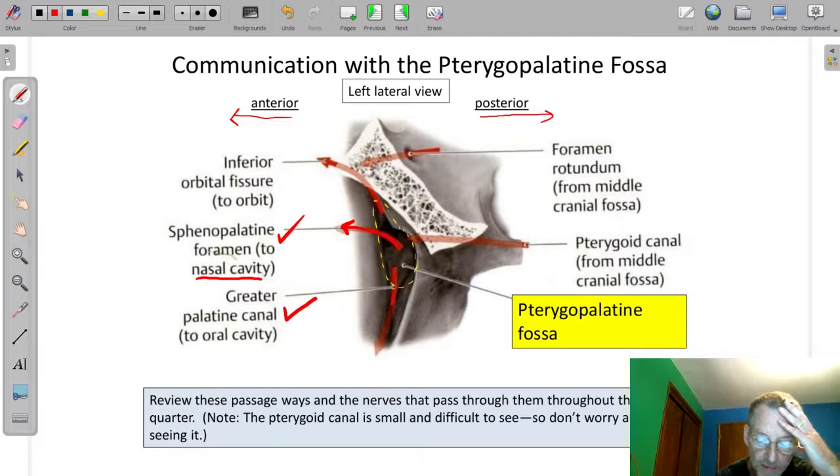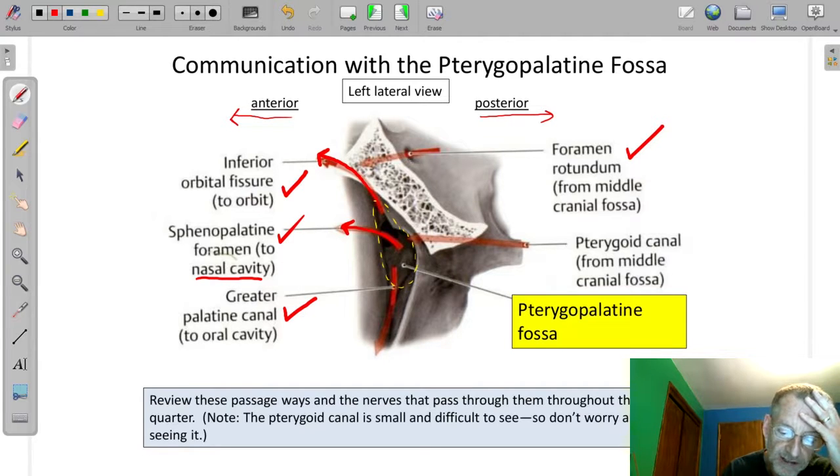From the pterygopalatine fossa, we can also go through the IOF, and we're into the orbit. And these arrows can go either way. And then a couple other features. There is the foramen rotundum, which is an important foramen, part of the sphenoid bone.